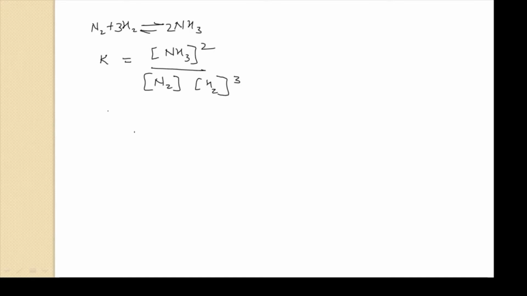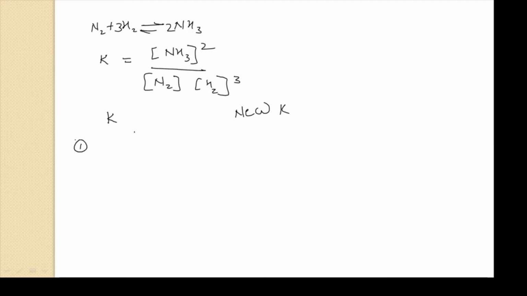If there is any change in the reaction, like if the reaction is reversed or if it is multiplied by 2 or anything, what about the effect on equilibrium constant? So this is K, and some change is carried out, and what about the new K?